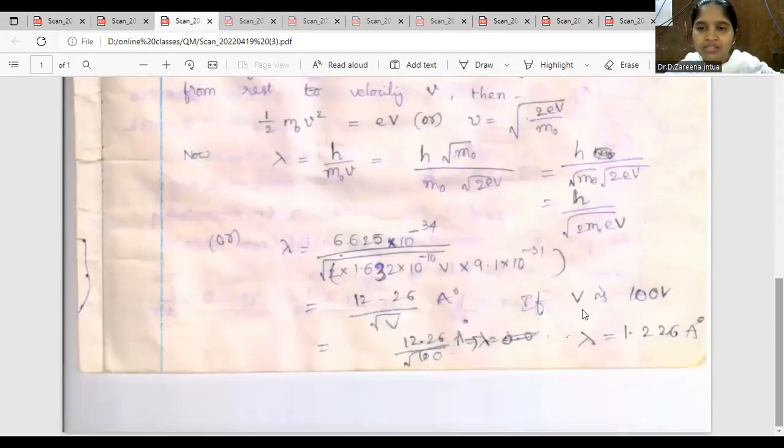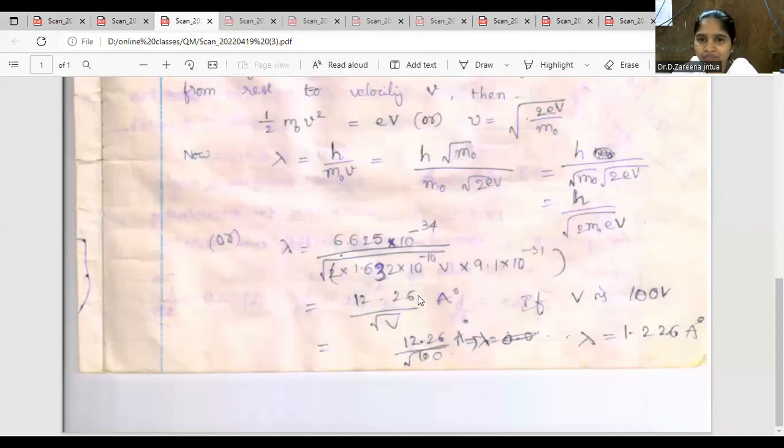What is h? Planck's constant value, 6.625 into 10 power minus 34, divided by square root of 2 into m0, the rest mass of the electron, which is 9.1 into 10 power minus 31, multiplied by e, which is 1.6 into 10 power minus 19 coulombs, multiplied by V. You have substituted everything.